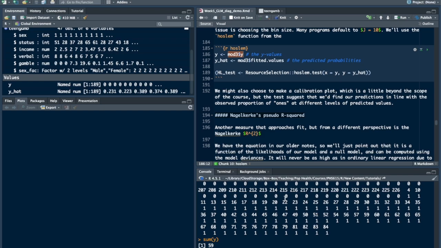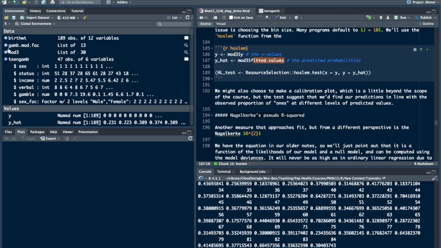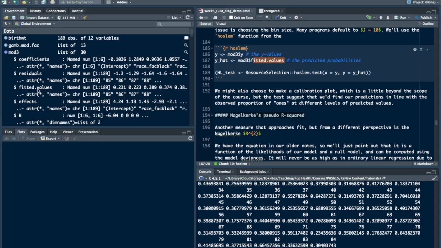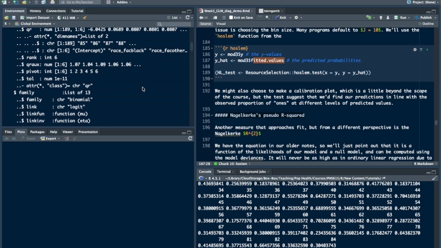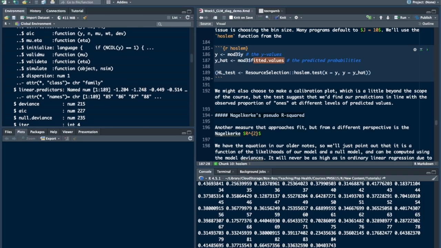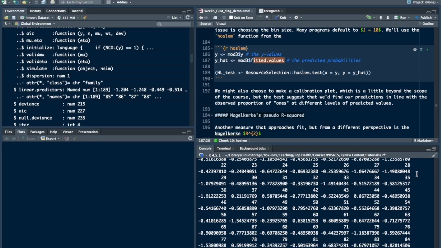y hat are the predicted values. Now these are probabilities. If we instead looked at the linear predictor, we would see something different. Within the birth weight model, the fitted values are probabilities. If we look at the linear predictors for mod 3, these are the logits, right?